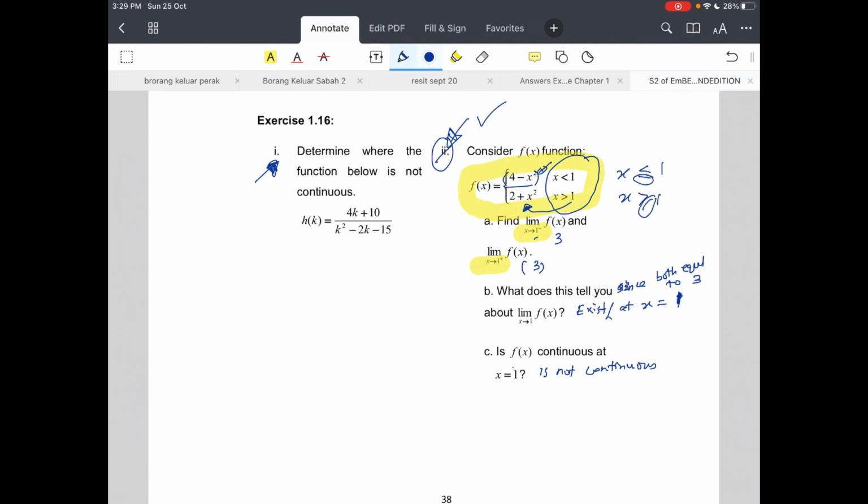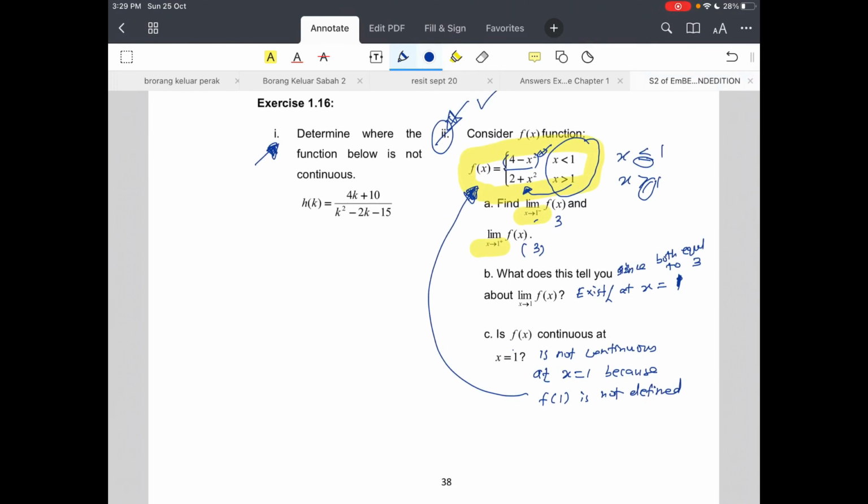There's no equal symbol. So we can say it is not continuous at x equals 1 because f(1) is not defined on this specific function here.